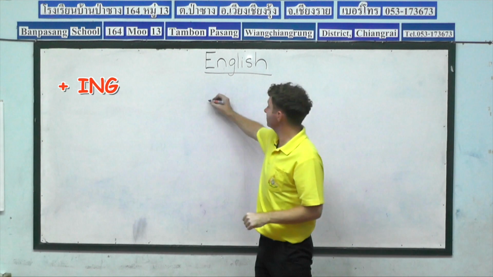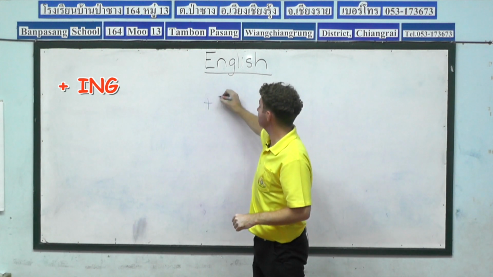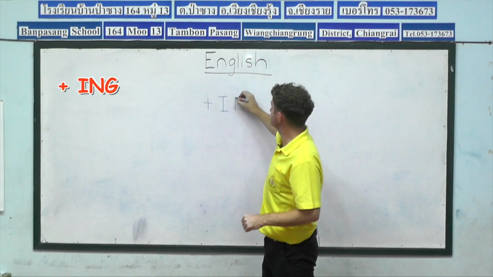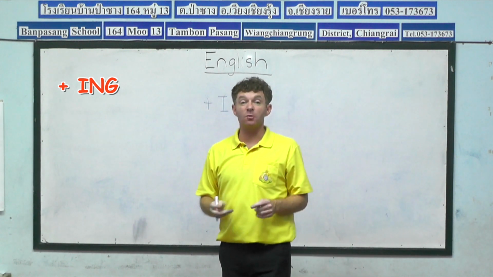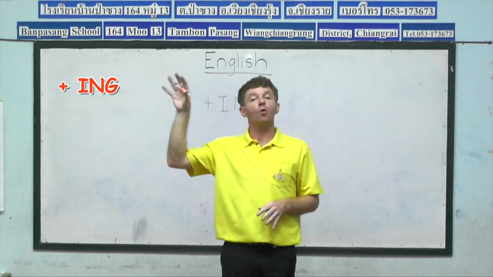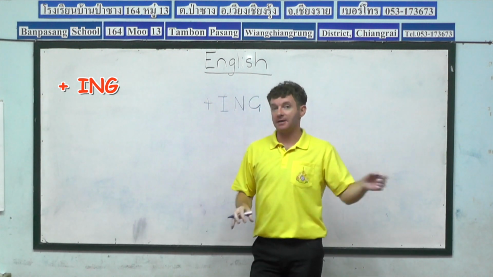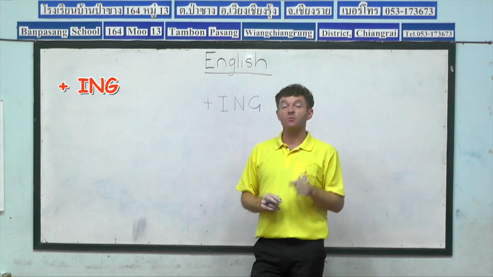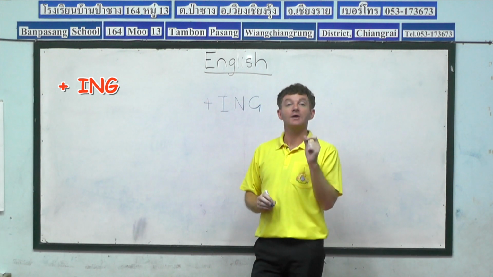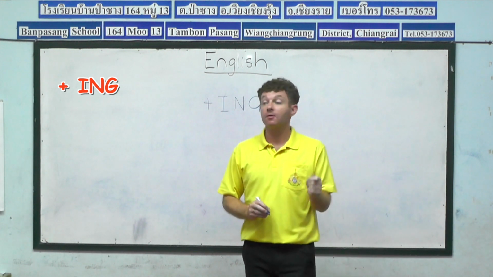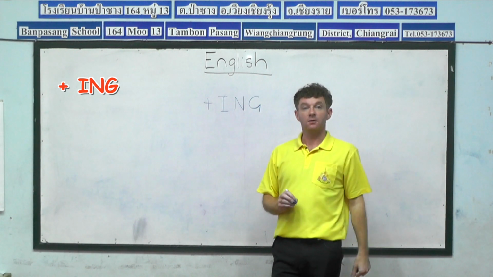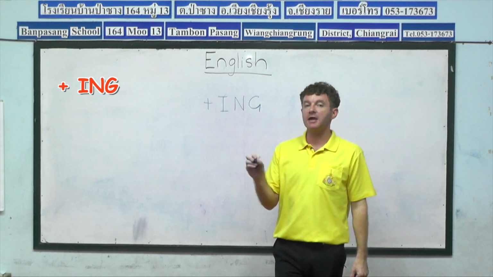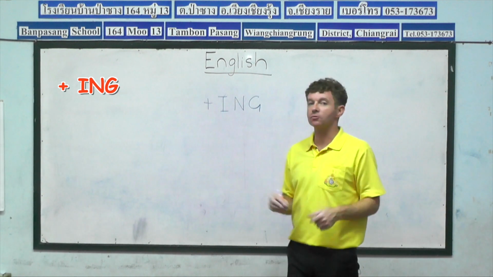Yes, we always have to add I-N-G. When we're talking in the present continuous, it's always verb plus ing. But in the last lesson, we learned that with some verbs, we have to do something called, ready guys, double consonants. Yes, and we'll do a recap exercise now for our students to remember.